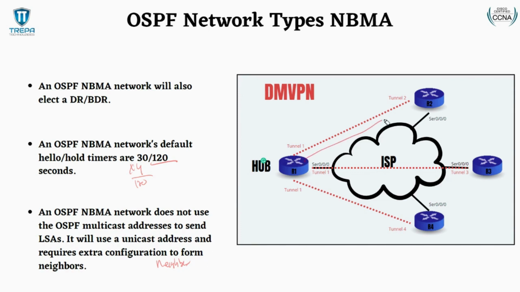So between R1 to R2, right? That could be, let's say R2's network is 10.10.10.5. That's going to be neighbor 10.10.10.5. And that's going to be under the actual interface configuration. Okay, now let's move on.